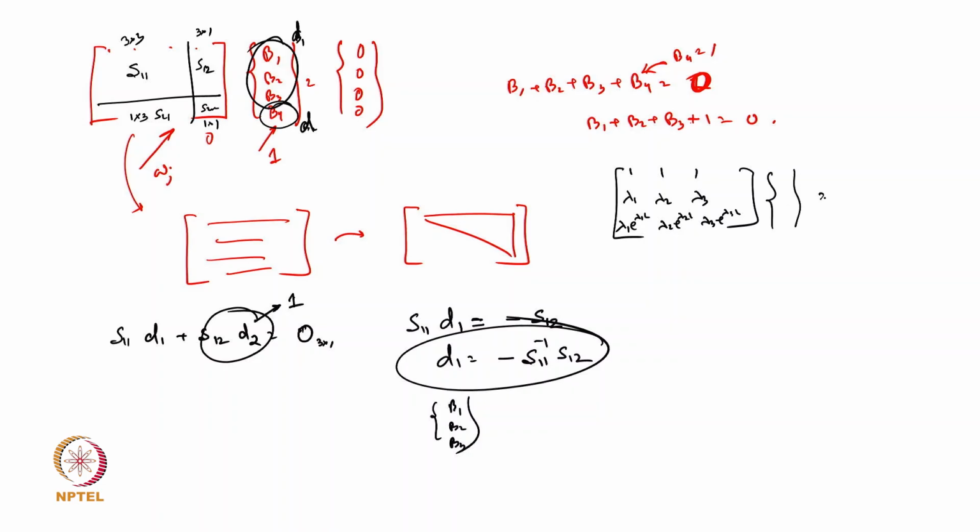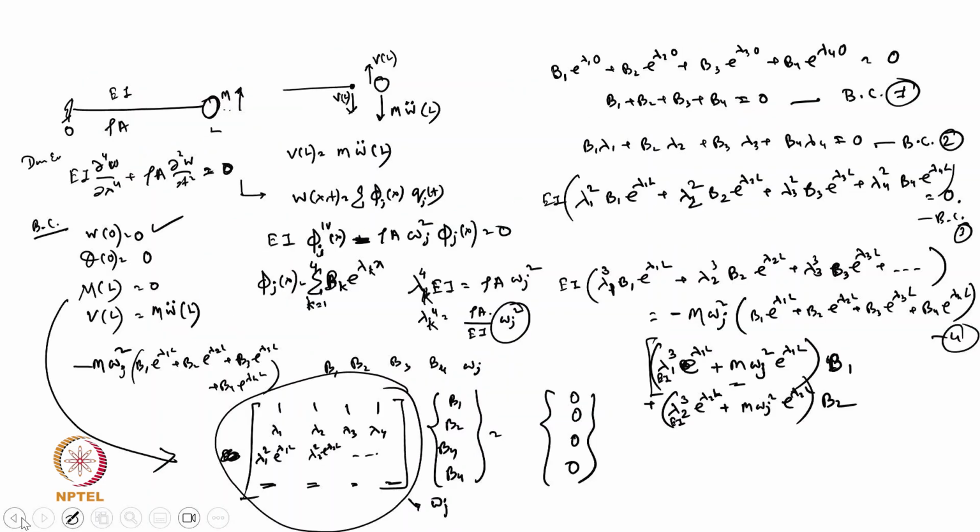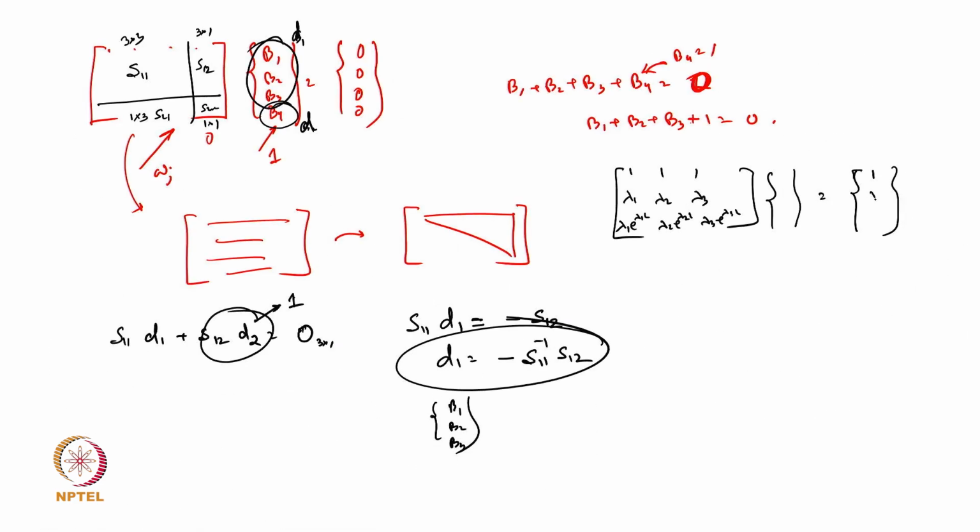That into this matrix should be equal to that vector. The vector will come from here: 1, lambda 4, and lambda 4 e to the power lambda 4 l. So you just take an inverse and multiply it with a negative sign. That will give you V1, V2, V3.